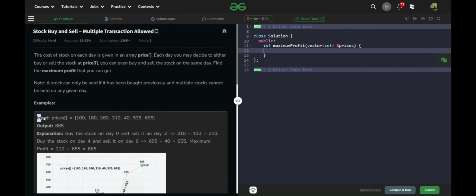The problem is, we are given an array of prices, where this is the price of the stock on each day, and we need to buy a stock. We can buy multiple stocks and sell and get the profit maximized.